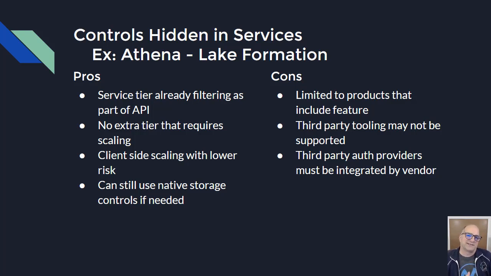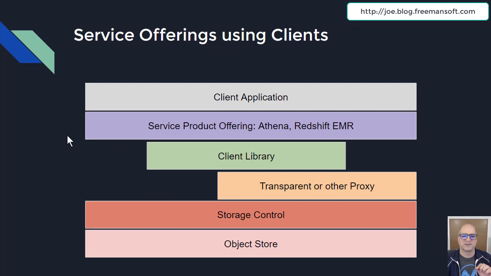So in some cases, this is probably going to be the best thing, but I just want you to remember that if the controls are done in a service on top of regular cloud storage, the service actually implemented this in either the client library that it's consuming, or in a transparent proxy to give it that level of abstraction, and then they have a multi-tier architecture for their service.